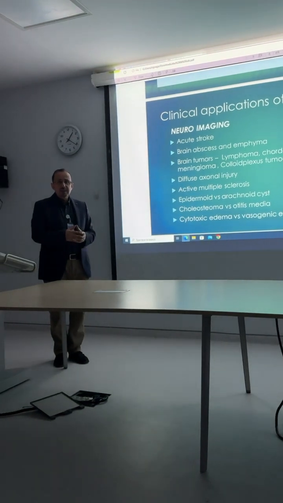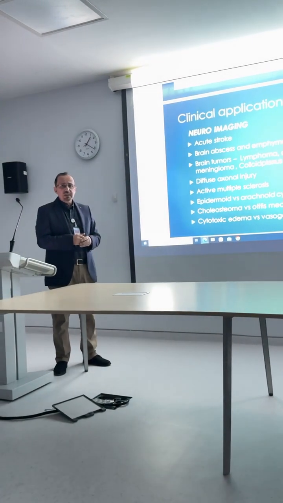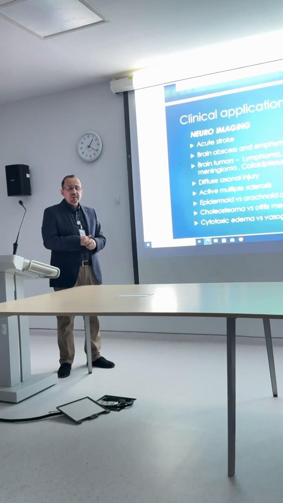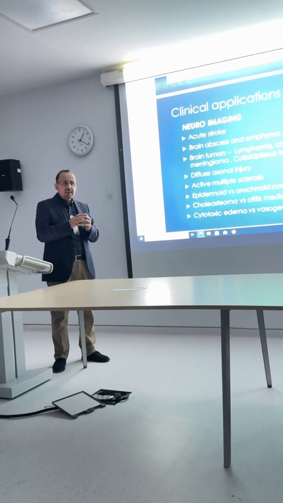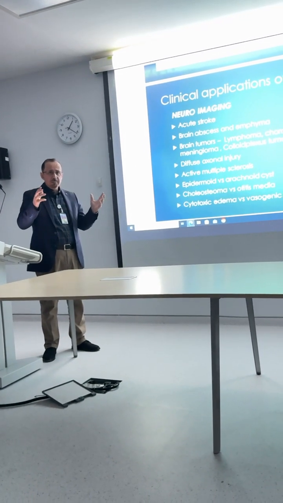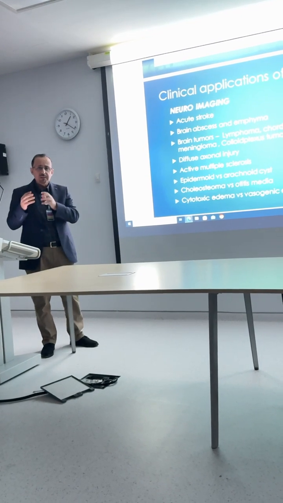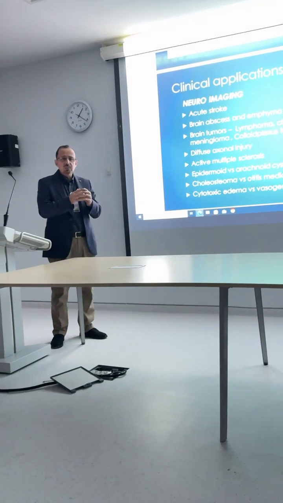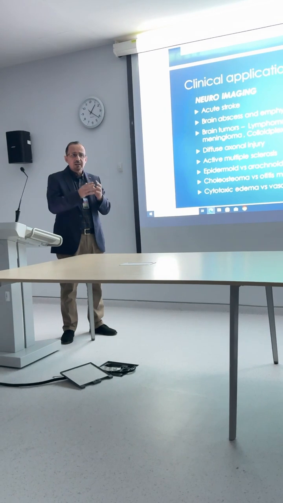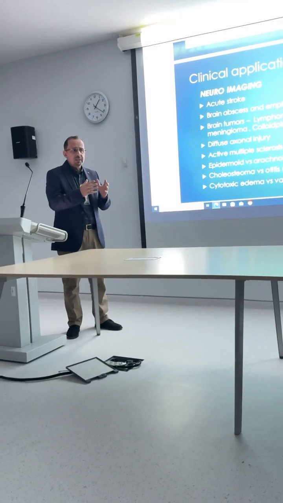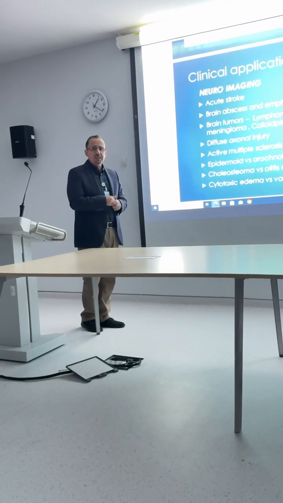Opposite to this finding is the vasogenic edema. Vasogenic edema is seen in tumors, and it is explained by increased extracellular volume by shifting of fluid from intracellular to extracellular due to the damage and malfunctioning of the blood-brain barrier.